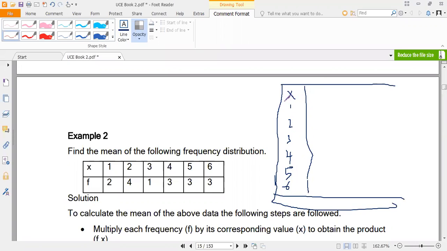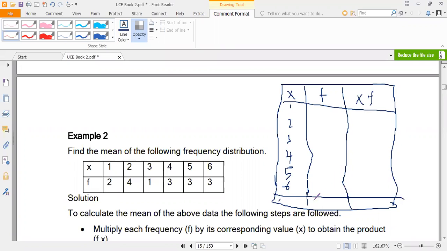Then after, you also have to include the frequency. So in this case, you add also a column of x multiplied by f. Sometimes we record it as fx. Some other times we record it as x multiplied by f.